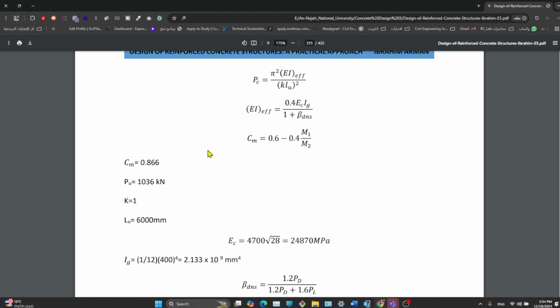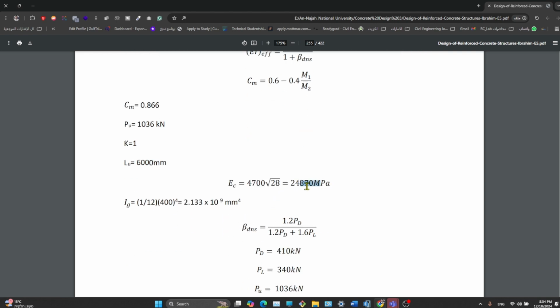Okay, Cm is equal to 0.6 plus or minus 0.4 M1 over M2. M1 over M2 is given, so it is 0.86. P ultimate is given, or is computed. K is equal to 1 because it's braced normally. LU converted in millimeters.